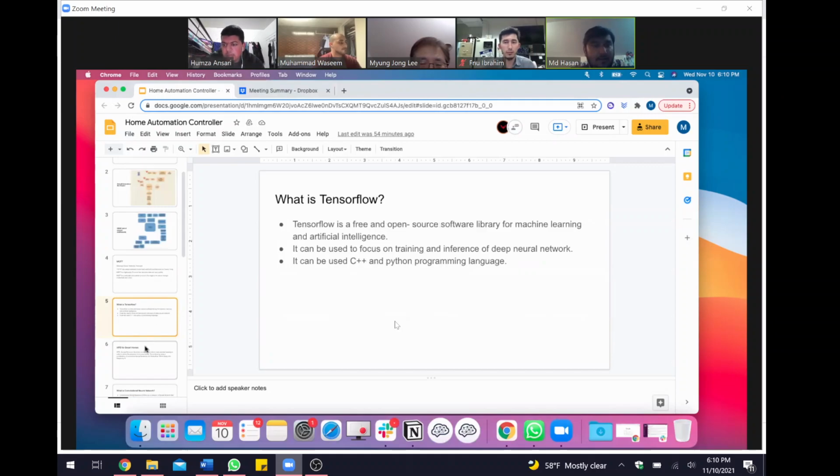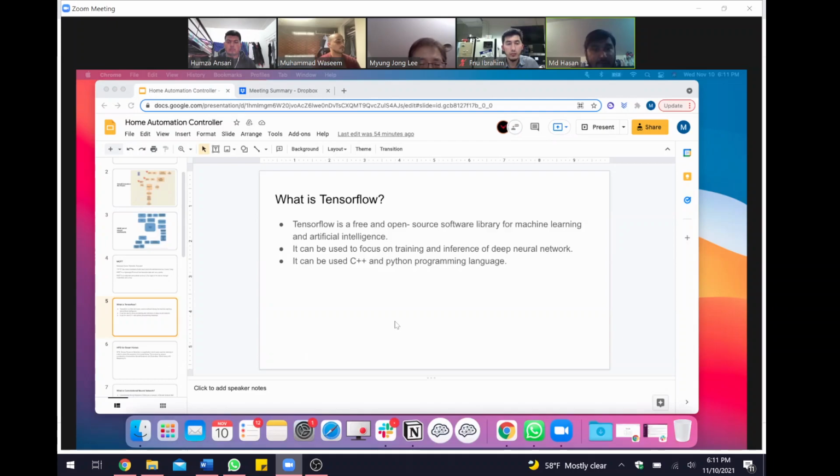So, Professor, you sent the email last week, and we mentioned we need to look at TensorFlow and OpenCV. So we're heavily focused on TensorFlow for this week. What is TensorFlow? We know that TensorFlow is an open source software library for machine learning and artificial intelligence.